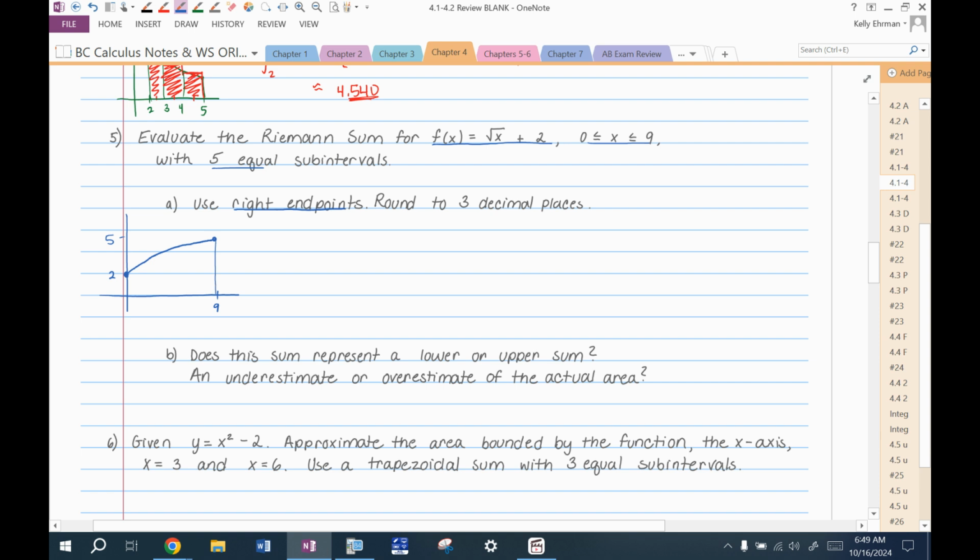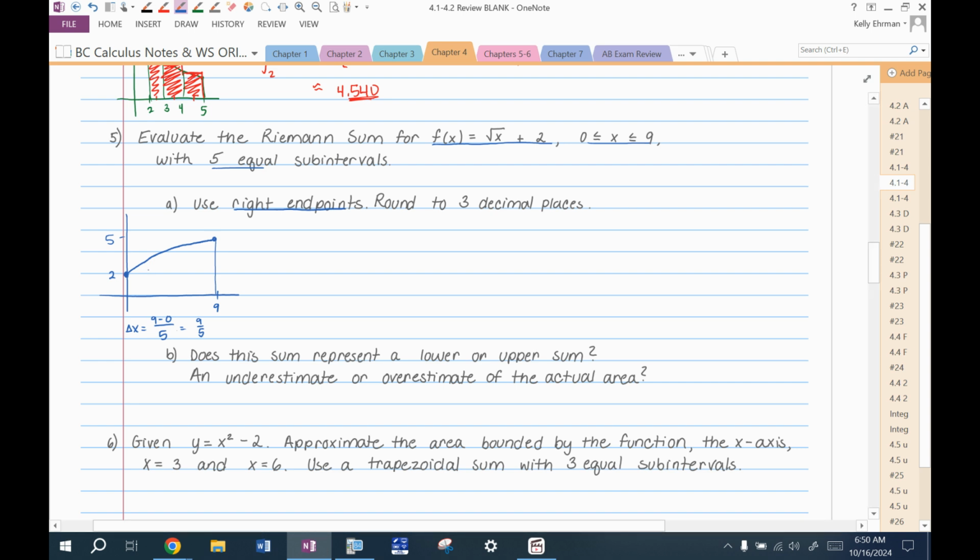We want 5 equal subintervals, so the first thing to do is calculate delta x. So it's 9 minus 0 over 5. 5 equal subintervals, so 9 over 5. All right, so that's kind of an ugly way to divvy things up.